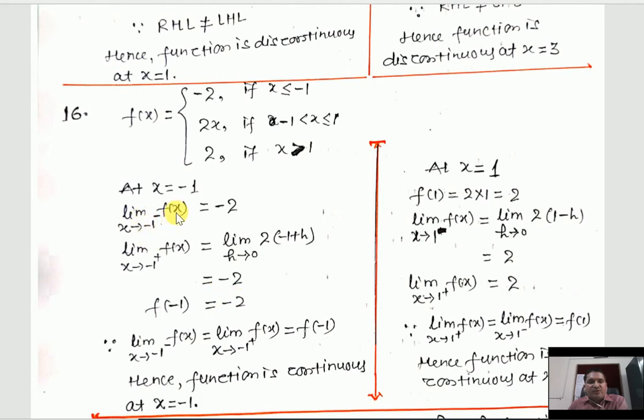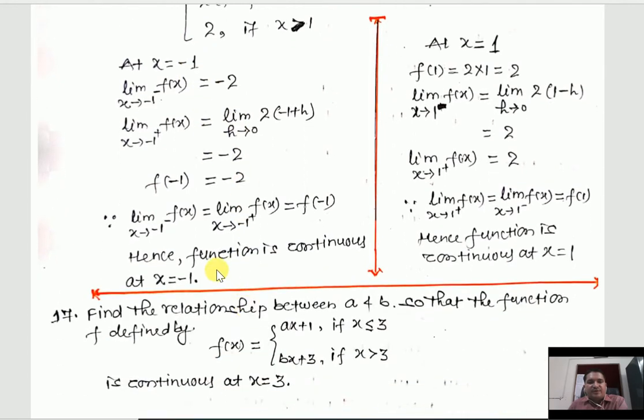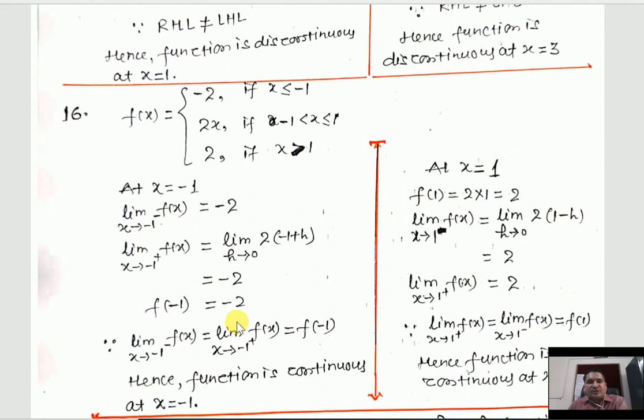Left hand limit is minus 2, correct? Right hand limit is what? 2x, so instead of x you have to put minus 1 plus h and then apply the limit. All three values are equal to each other, hence the function is continuous at x equal to minus 1.